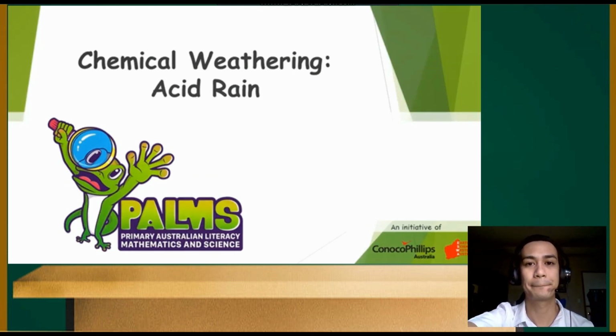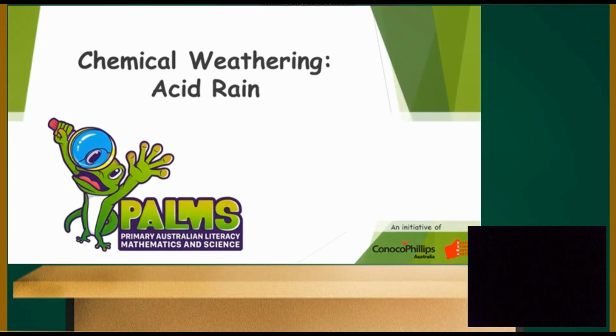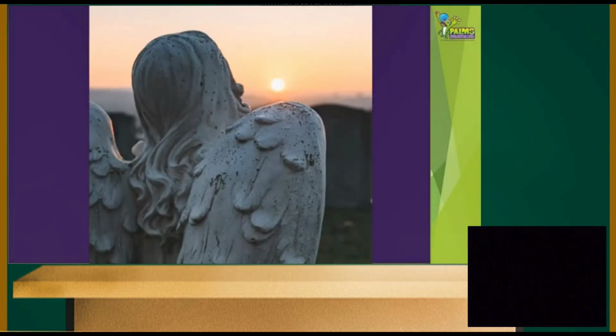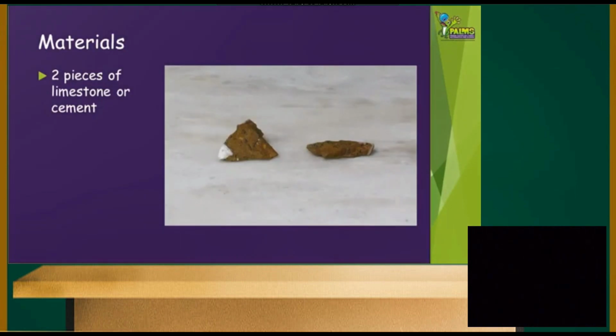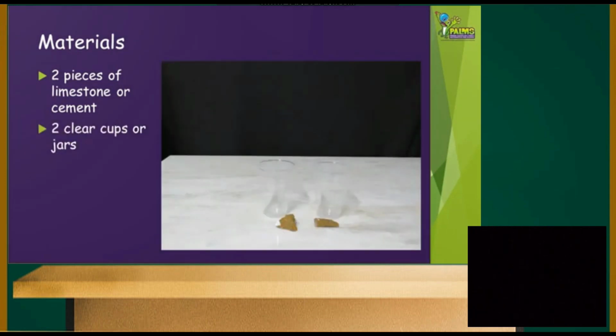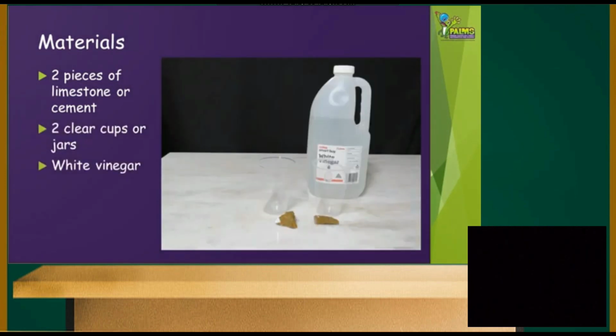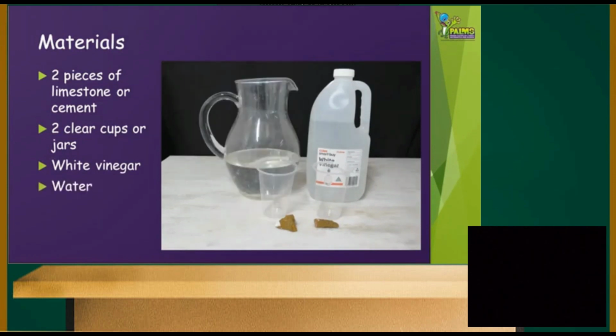Welcome to this Palms demonstration video about chemical weathering. We are going to look at how acid rain affects rocks like limestone and marble. For this experiment, you need 2 pieces of limestone. If you don't have limestone, little pieces of cement can be used, as they are partly made from limestone. You need 2 clear cups or jars, white vinegar, which is an acid, water, and a marking pen.